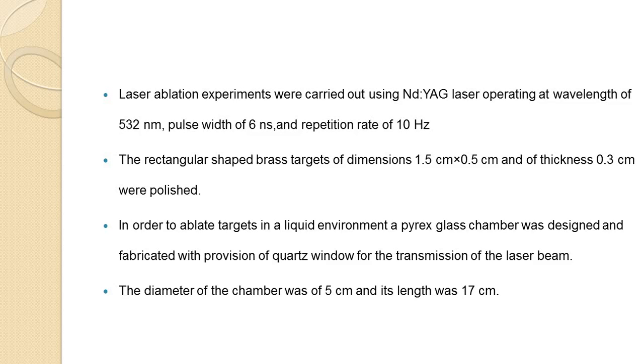The surface morphology and topography of the laser irradiated brass was investigated by using scanning electron microscope and scanning probe microscope in contact mode. The variation in chemical composition and structural modification is explored by attenuated total reflectance analysis.